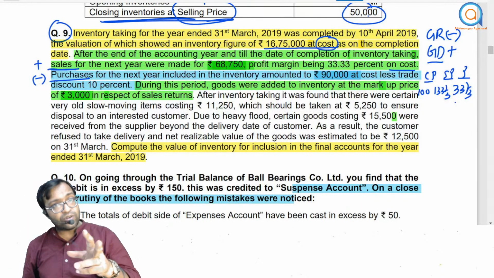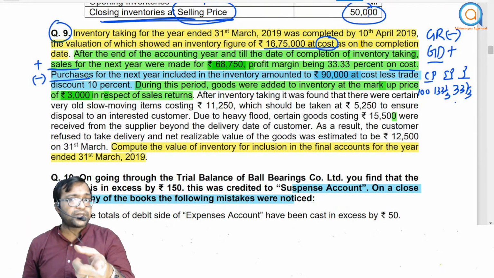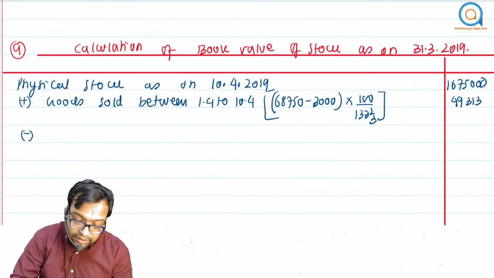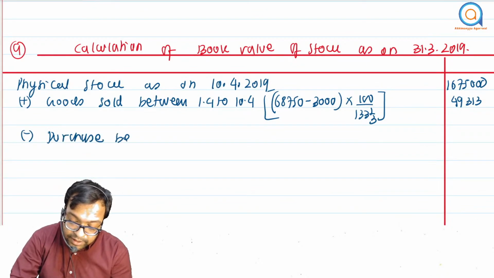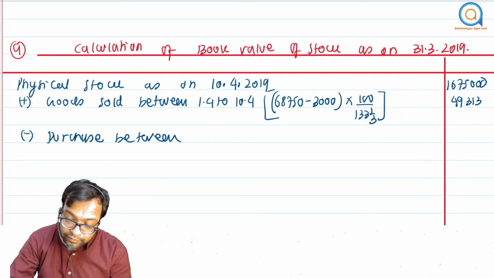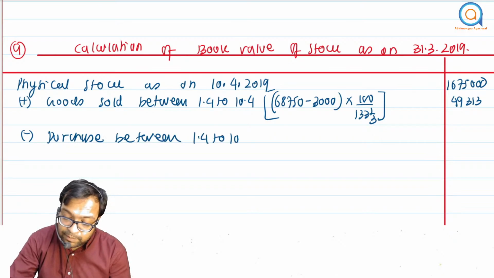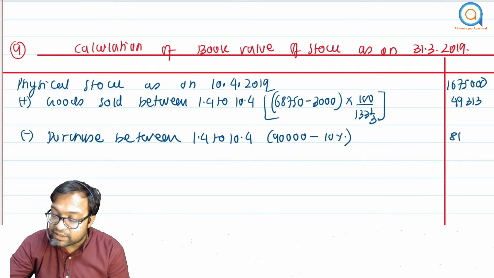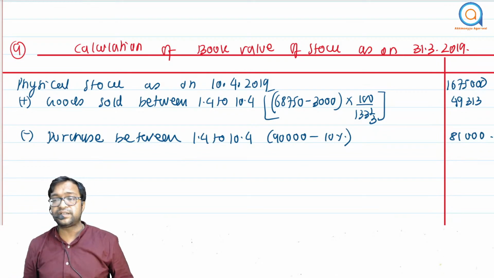So our purchase cost will be 90,000 minus 10%, that is 81,000. Correct? So I will say we should deduct purchase between 1st April to 10th April, 90,000 minus trade discount 10%. So cost of purchase was 81,000. So 81,000 will be adjusted.